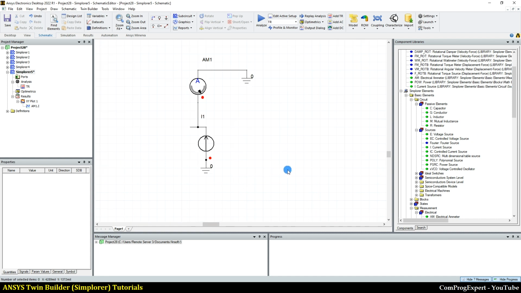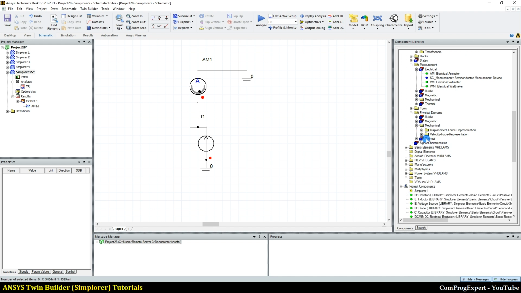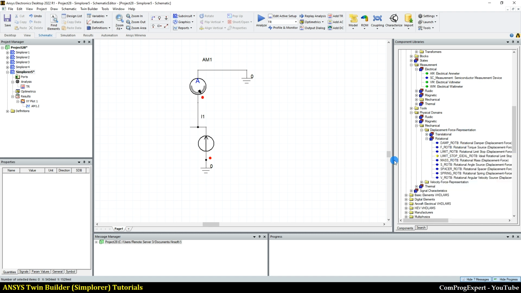So the mechanical force or mechanical torque corresponds to an electric current source.